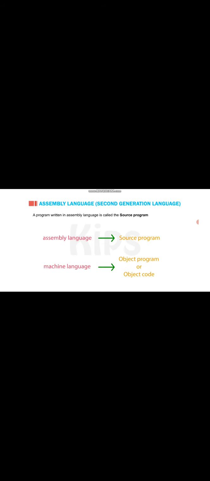So to translate an assembly level code to machine level code, we need a translator program called an assembler. An assembler reads code in assembly language and converts it into machine level language code, also known as an object program or object code.